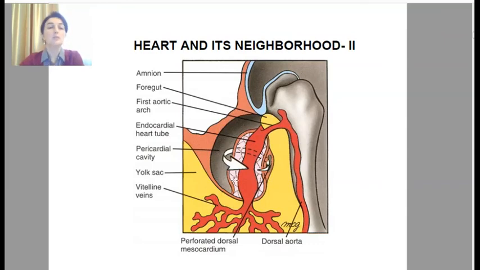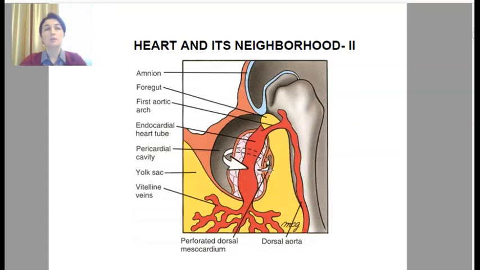Then, among the epicardial cells, neural crest cells develop into mesenchyme, and from the mesenchymal cells will develop the wall of the coronary vessels, the endothelial lining and smooth muscle cells in the wall of these coronary vessels. So coronary vessels develop inside of the epicardium.